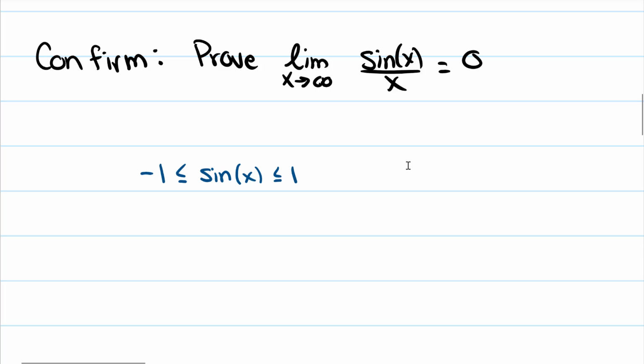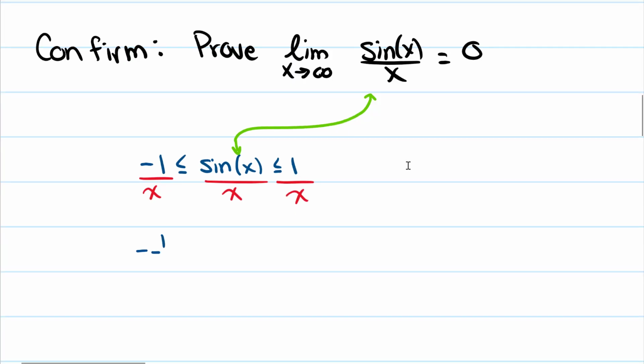So I'm trying to make this function match this function. To do that, I need to divide everything by x. And so I get that negative 1 over x is less than or equal to sine of x divided by x, which is less than or equal to 1 over x.